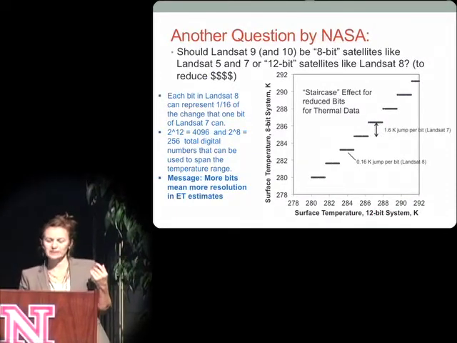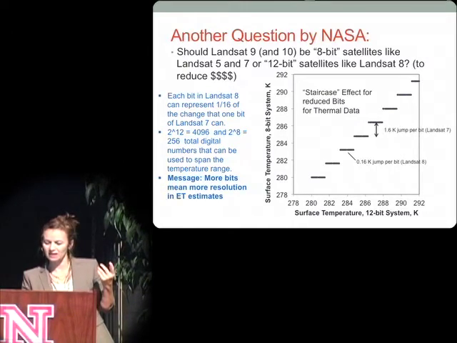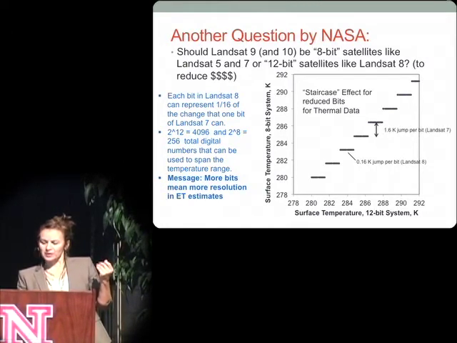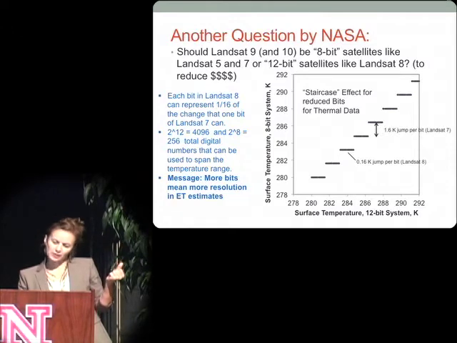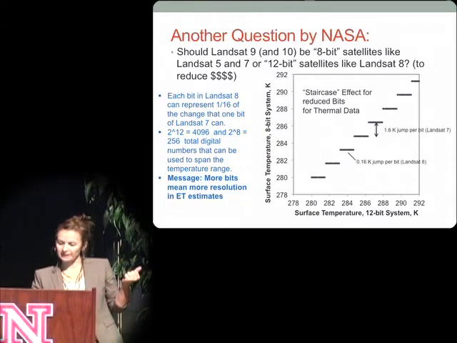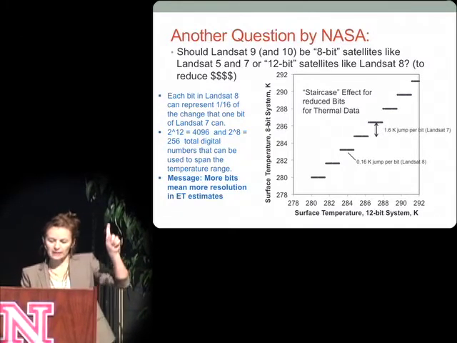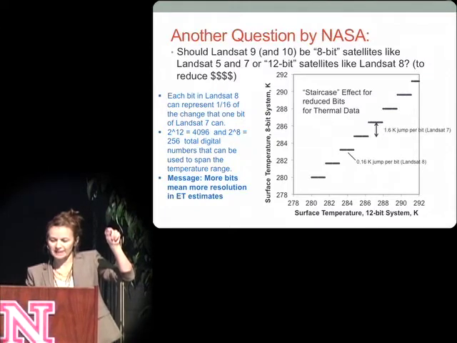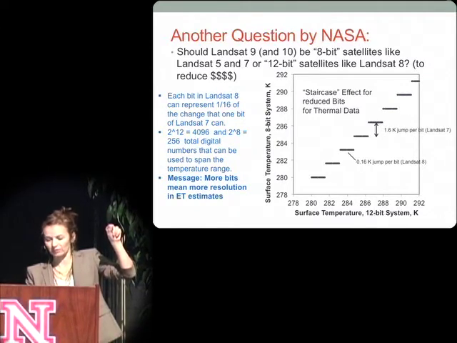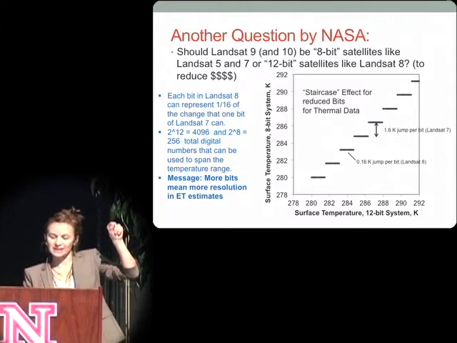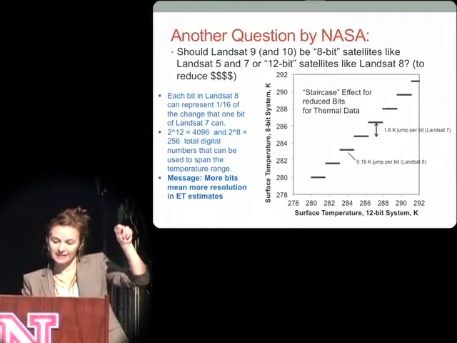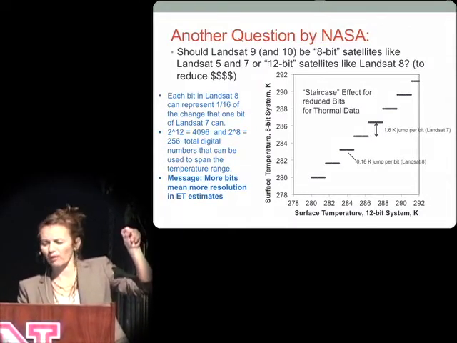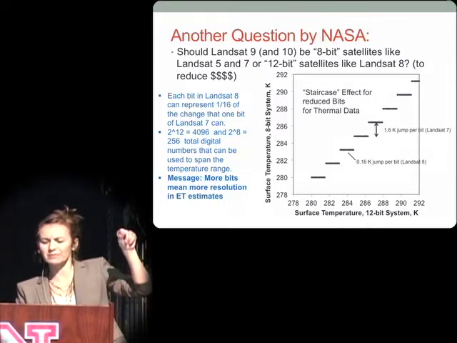All right, here, this is again similar to what I'm saying. Surface temperature, 12-bit system. You have the surface temperature 8-bit. So here, for instance, in that pixel, the temperature is ranging from 280 to 282. Versus when you have this 8-bit sensor collecting data, for all these numbers you have the same temperature.